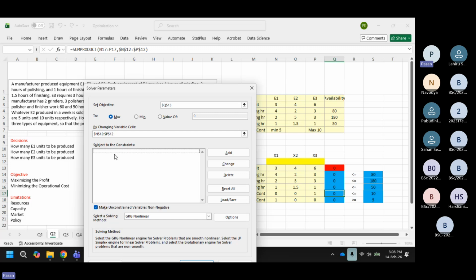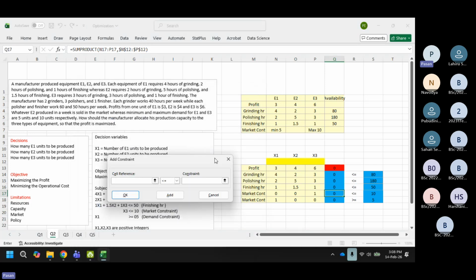And then I can add the constraints here. So the first one is less than or equal to 80. And this one is less than or equal to 80. This one less than or equal to 50.